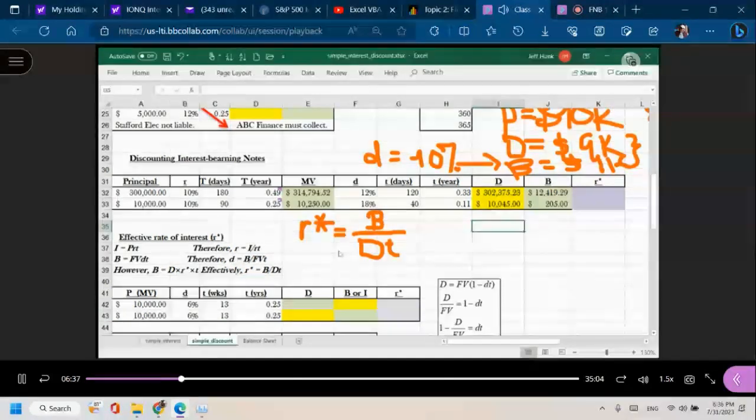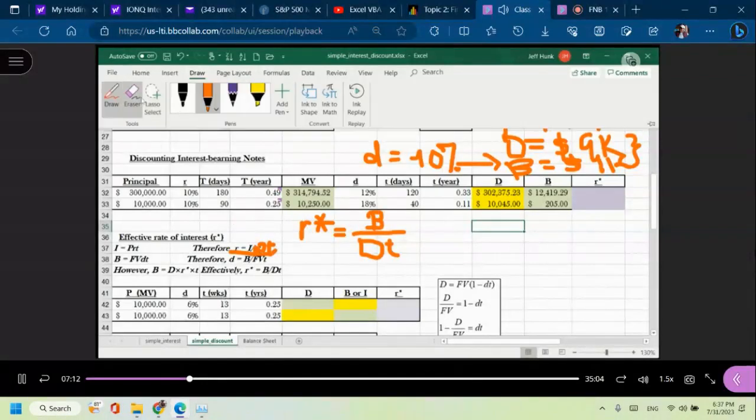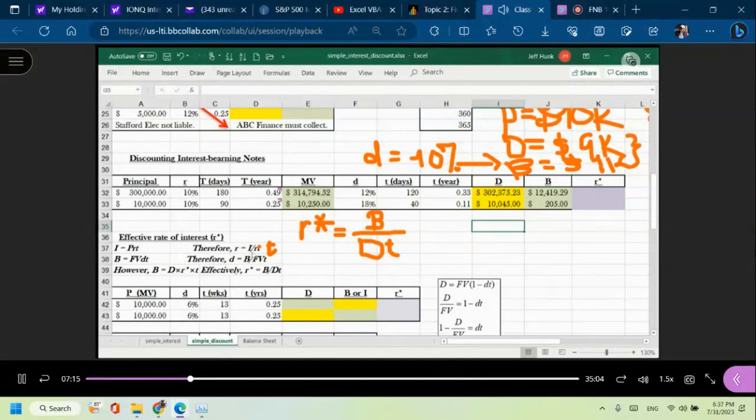So it's exactly like, when you find interest in the simple interest case, here I did a silly thing. That's P times T, right? You're solving for R, so you cannot have R there again.